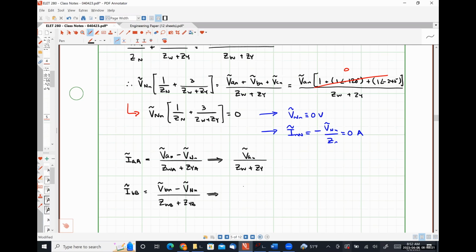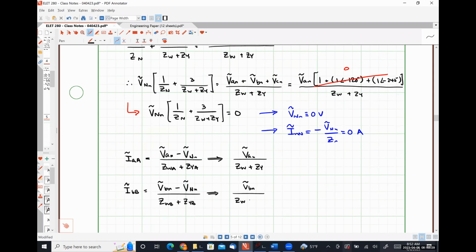In a balanced system, this becomes VBN divided by ZW plus ZY, which could be expressed as VAN over ZW plus ZY times one angle negative 120 degrees because of the relationship between VAN and VBN, or simply IAA times one angle negative 120 degrees.